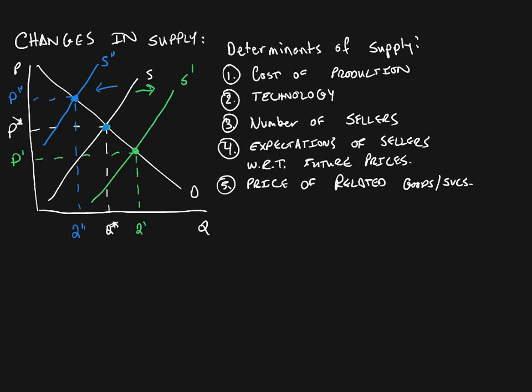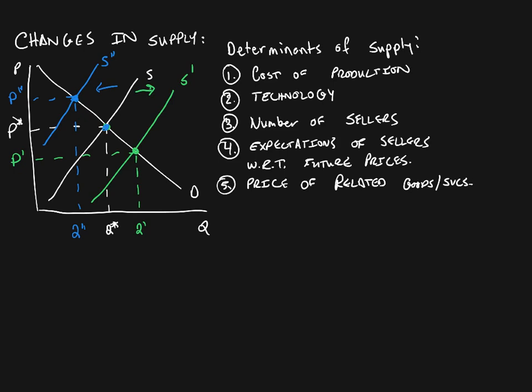But one way of thinking about this is that sellers are mindful not only of the value of the thing that they are currently doing, but of their other options and other things that they could be doing. So if you have a firm that produces two products and they can produce either one, and one of those products becomes a better value for them to produce, the price goes up, then they're going to be less inclined to want to supply the other one. All right.